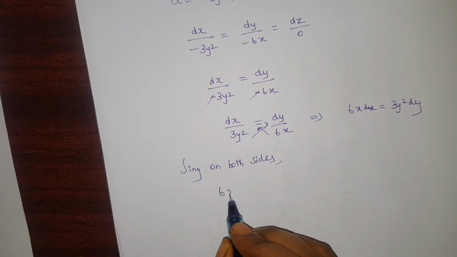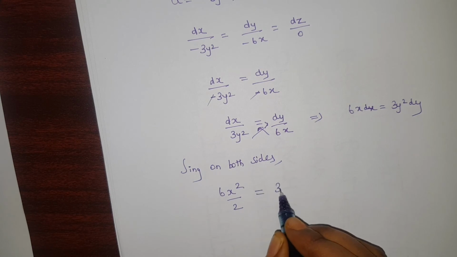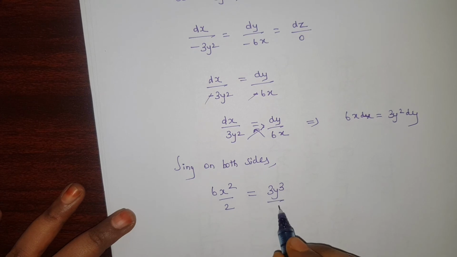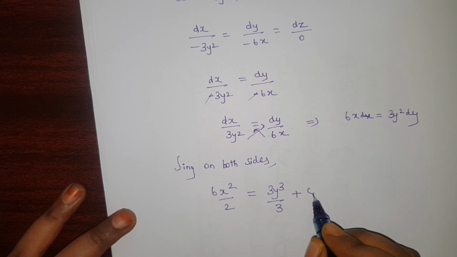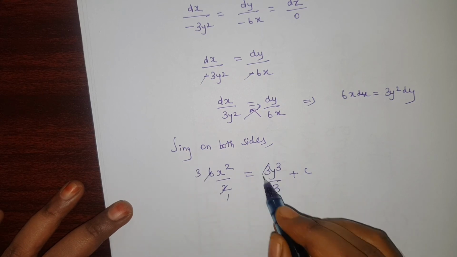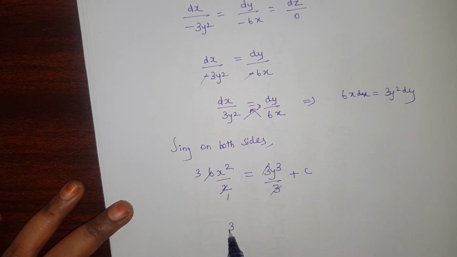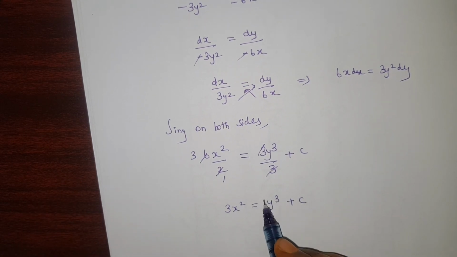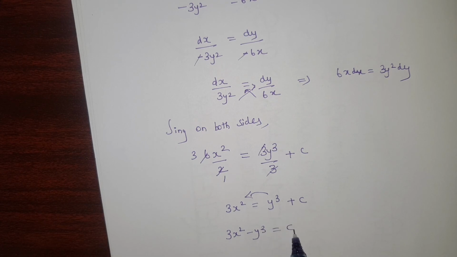So it becomes 6x square by 2 equal to 3y cube divided by 3 plus c. Here 3 twos are 6, and the 3s get cancelled. So 3x square equal to y cube plus c. This is our simplified term. Bringing this to the other side, we get 3x square minus y cube equal to c.